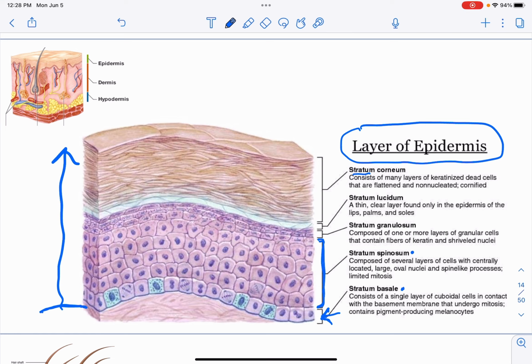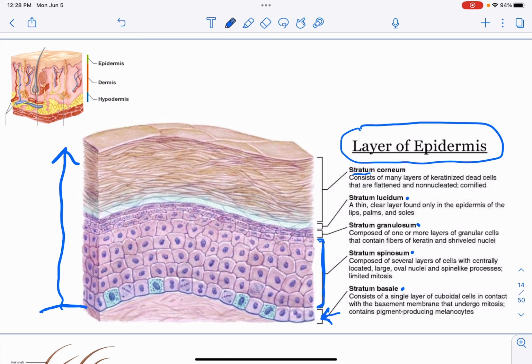And then you find the stratum granulosum. It has this name, granulosum, because under the microscope, you can see little granules in this layer. The next layer is the stratum lucidum.